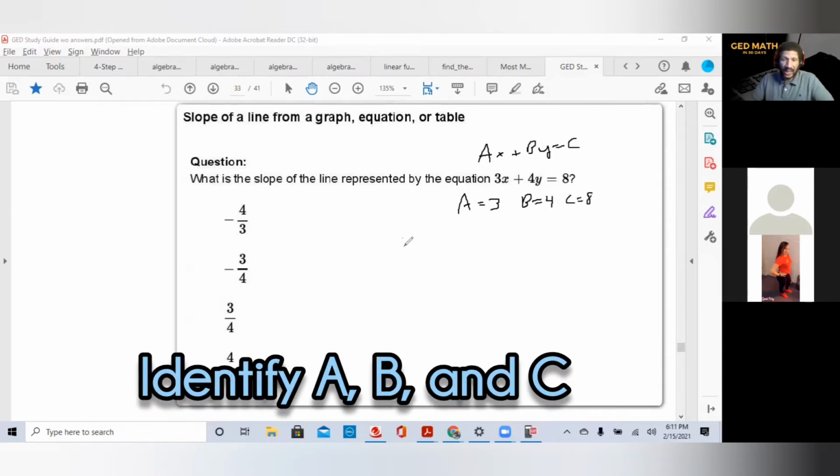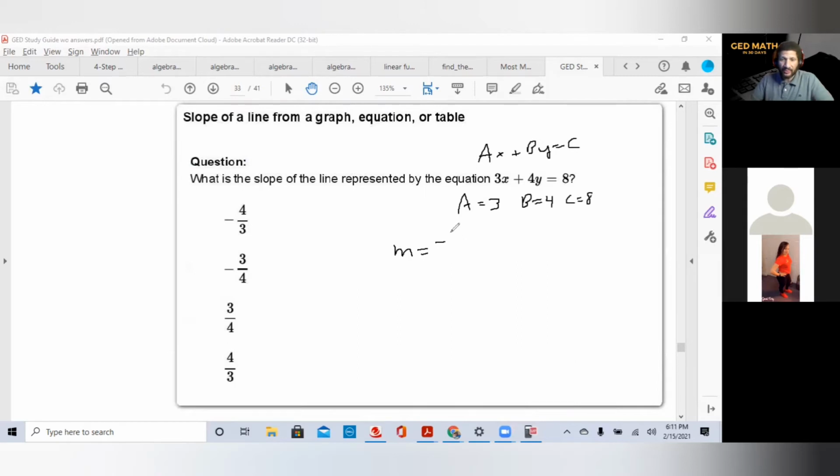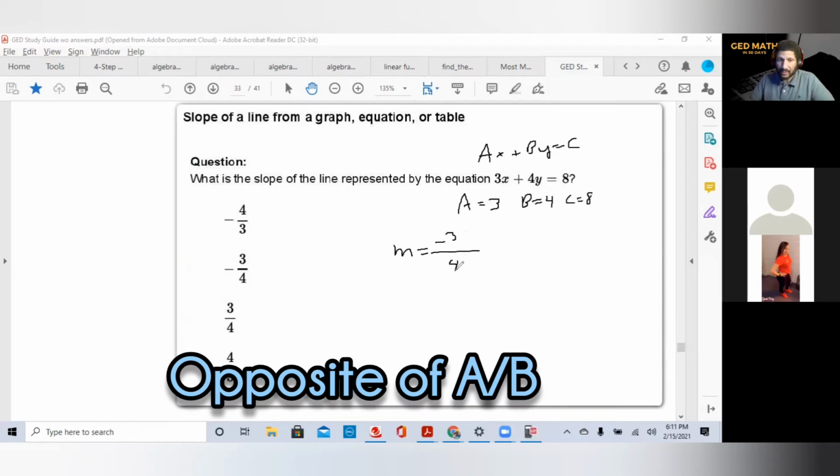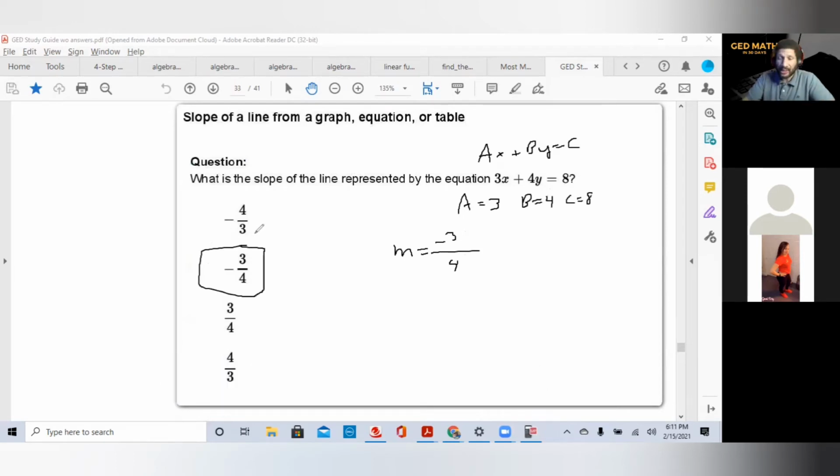Take the opposite of A, which is negative 3, to find the slope, divided by B. That easy. Not even 30 seconds. So that's how you find the slope from an equation, whether it's slope-intercept form or standard form. You need to be prepared to do a problem like this on your exam.